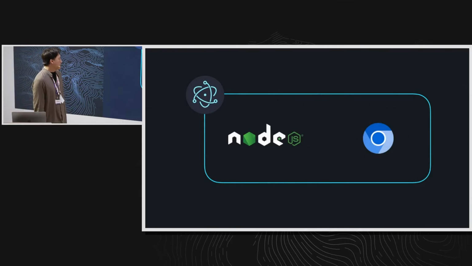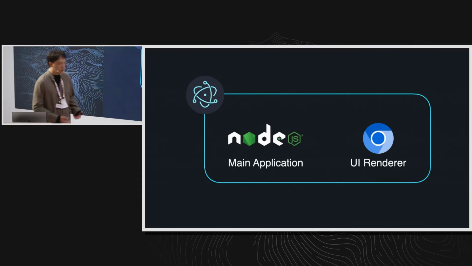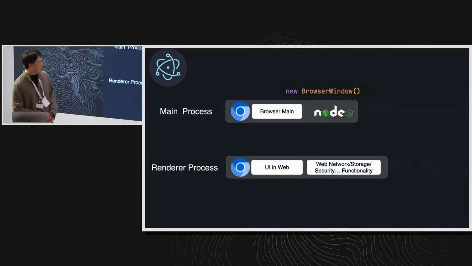Electron is a combination of Node.js and Chromium, where they use Node.js to let developers write their main application logic, and use Chromium to render the UI, letting developers write web pages to render the UI. So it has two kinds of processes. One is the single main process, where the browser main and the Node.js or the system UI is running.